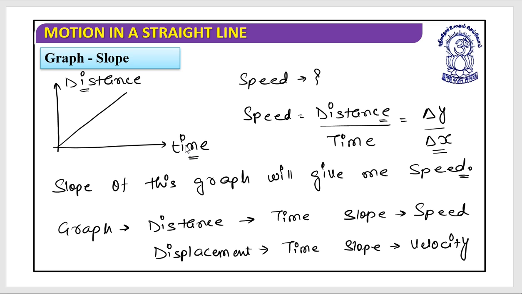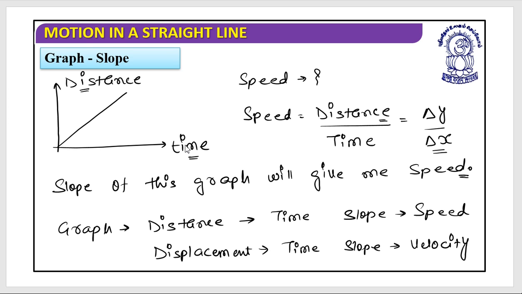Are you clear with these things? If graph is of distance versus time, its slope should be a speed. But if graph would be of displacement versus time, then its slope will be a velocity.